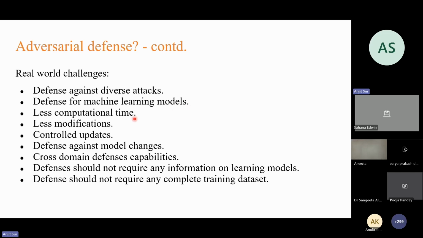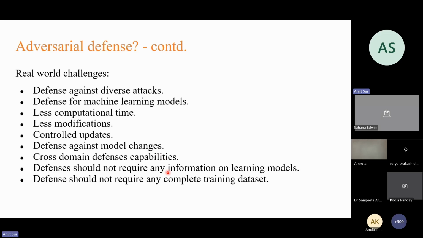Now, what are the other challenges? The defense mechanism should not make the models very computationally intensive. That is one challenge. It should not be the case that while you are doing some sort of defense mechanism, the model's main agenda is changed.